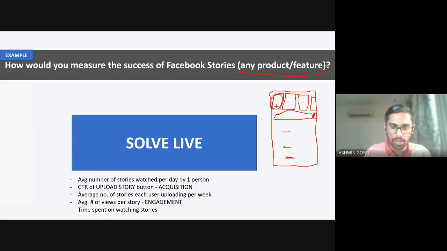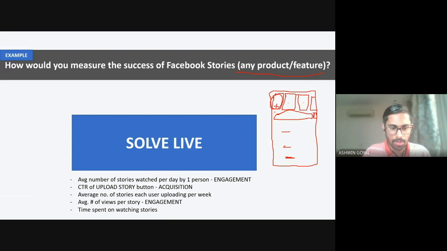What would be this one? Average number of stories watched per day by one person. This would come under which metrics category? Yes, this would also come under engagement. Reacting to the story would again tell me about engagement, so it definitely counts, right?